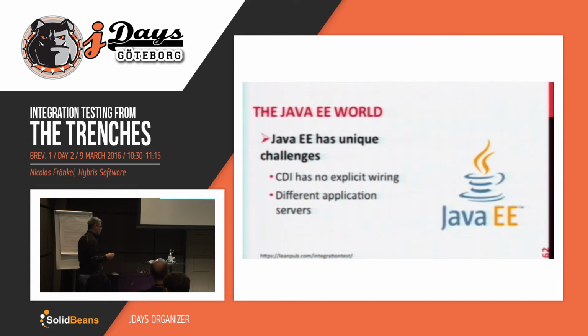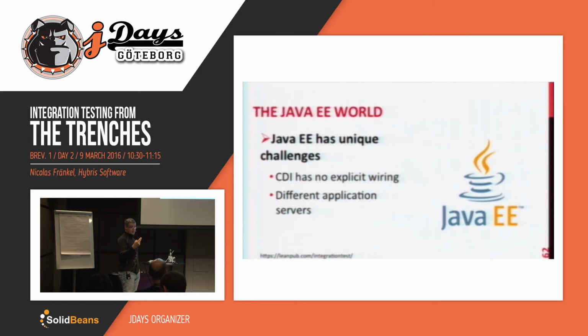But let's say that I have done one migration from OC4J, the very old Oracle application server, to IBM WebSphere, because the application was not portable. So if you have a product and you guarantee that it works on multiple application servers, you probably want to check that it really works. And this can only be done by using it on different servers.